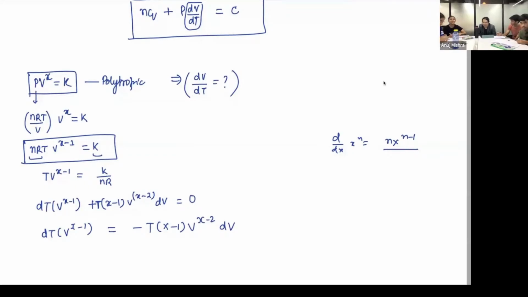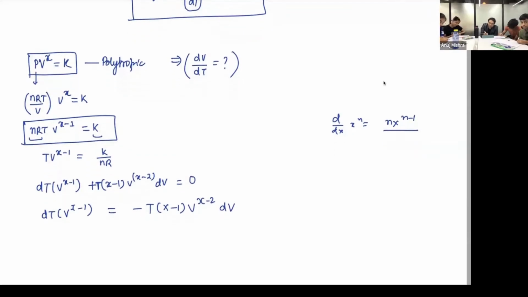You just took it to the other side. So dV by dt will be V power x minus 1 upon minus T x minus 1 V power x minus 2. V power x minus 1 upon V power x minus 2 is V.